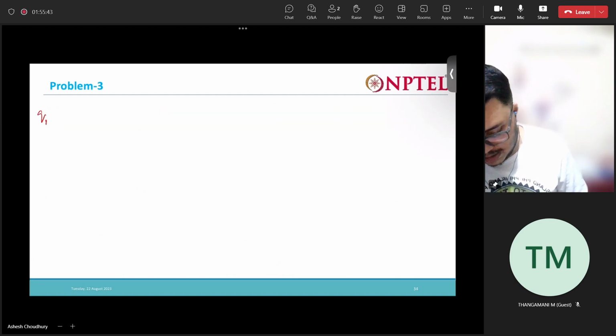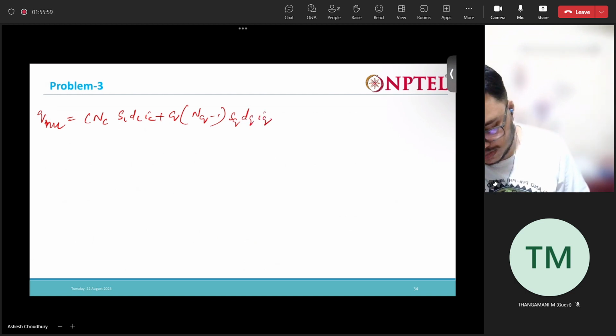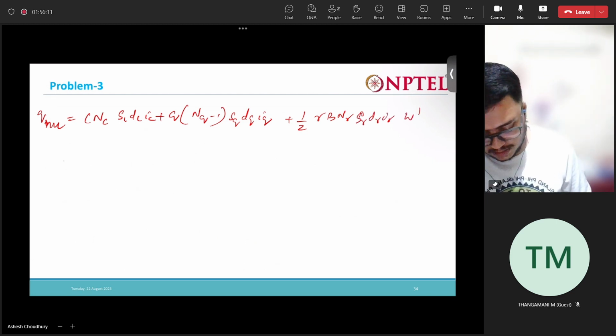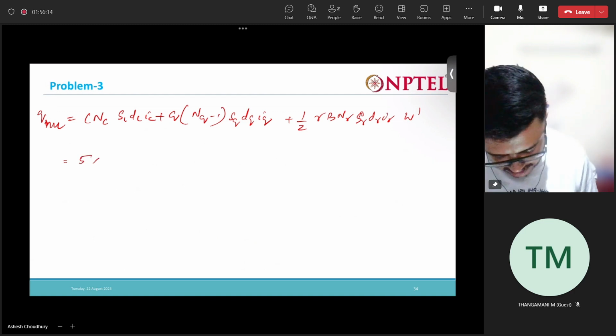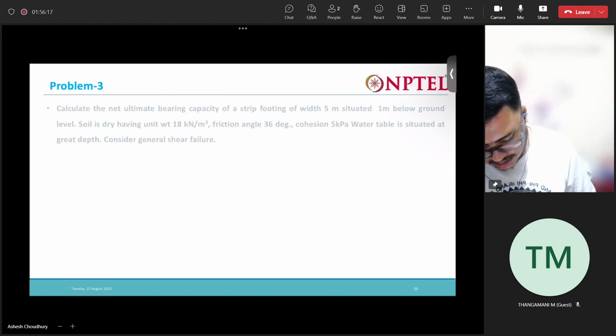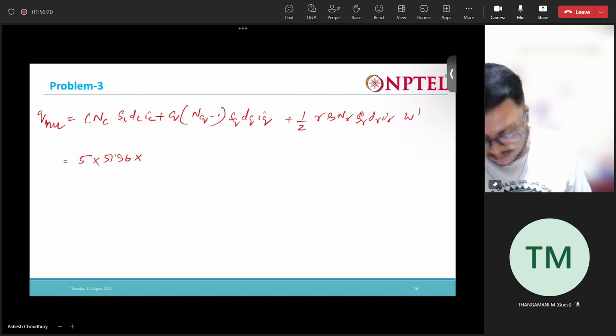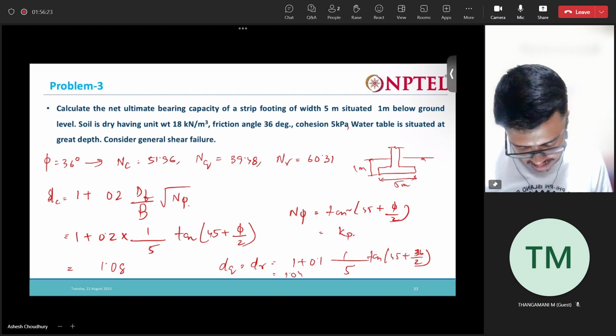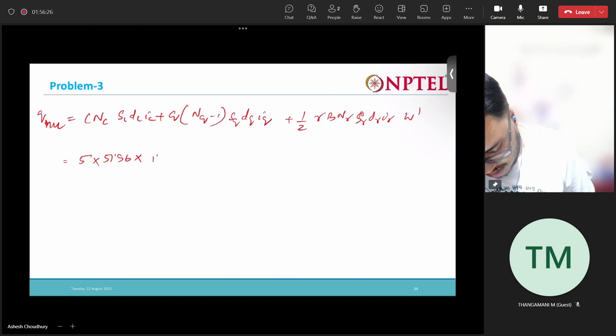It is c Nc sc dc ic plus q (Nq minus 1) dq plus half γ B Nγ sγ dγ iγ W dash. c is 5 kPa into Nc. What is Nc? 51.96, into dc, it's 1.08, plus q.